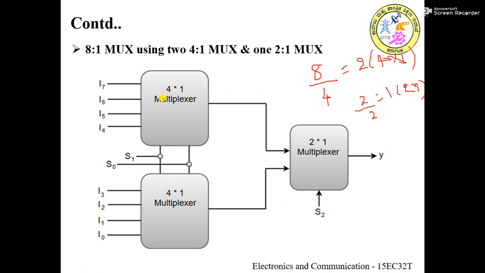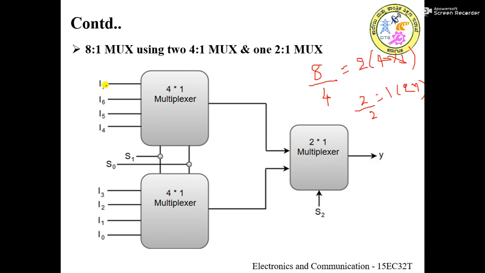So here you can see this is the first 4:1 mux and this is the second 4:1 mux, and we have the select lines S0, S1 and S2. The outputs of the first and second 4:1 muxes are the inputs of the 2:1 mux. Finally we get an output here.